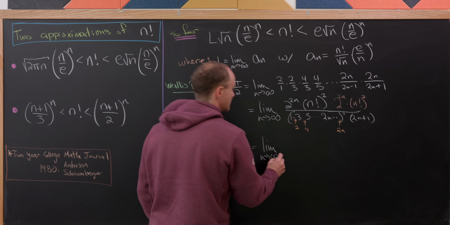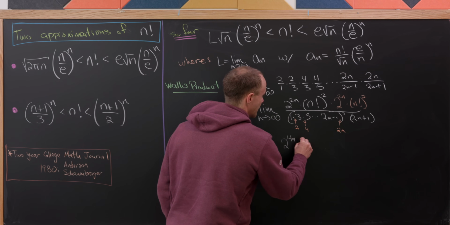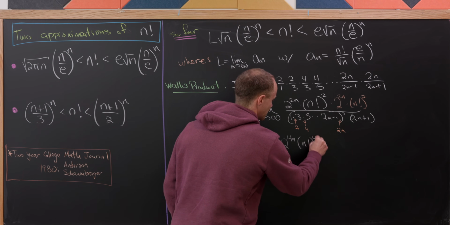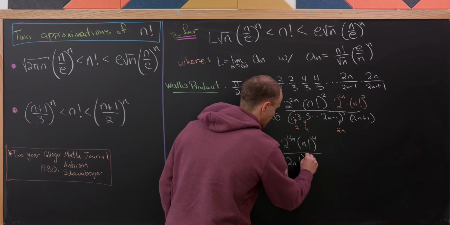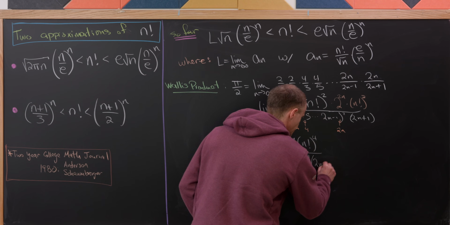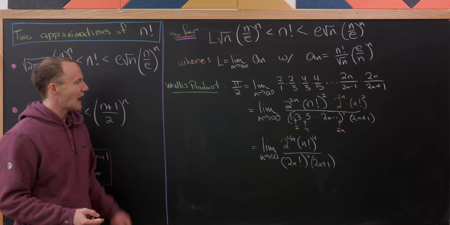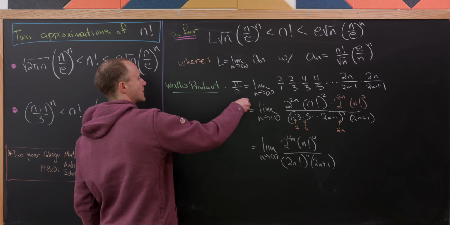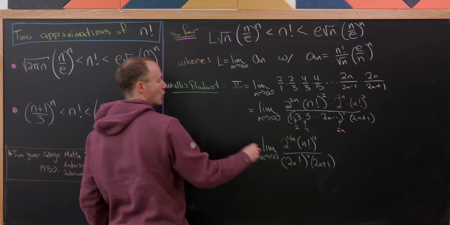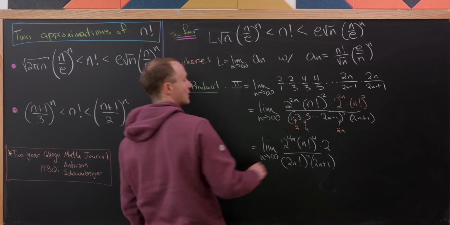So the limit as n goes to infinity of, so this is going to be 2 to the 4n, and then we have n factorial to the 4th, all over 2n factorial squared times a 2n plus 1 in the denominator. But now what we'll do is, well, I'm going to take this 2 right here and move it over by just multiplying by 2 in the numerator on the other side.